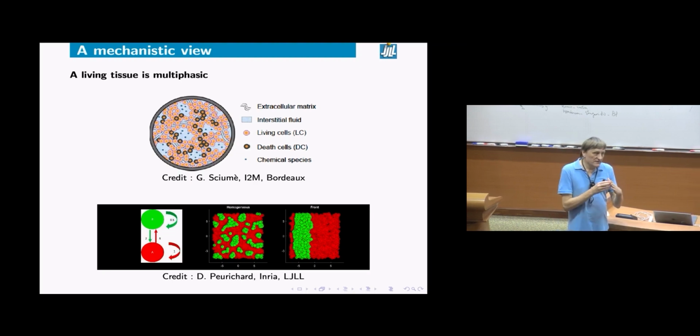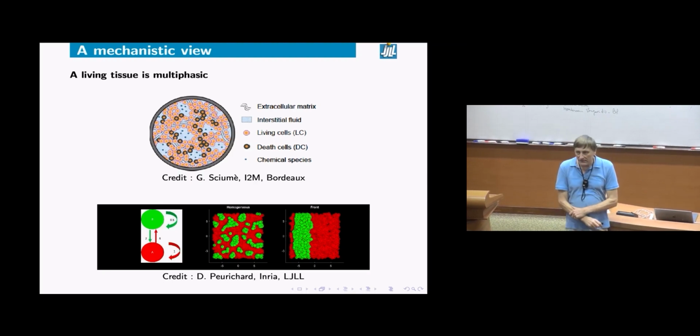And because this extracellular matrix is very rigid, it doesn't change so much, and it creates the solid aspect of the tissue. For example, your bones are mostly made of extracellular matrix, and there are very few cells moving around.